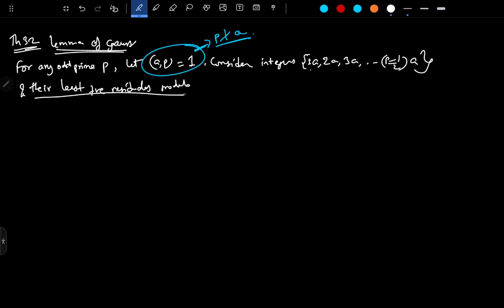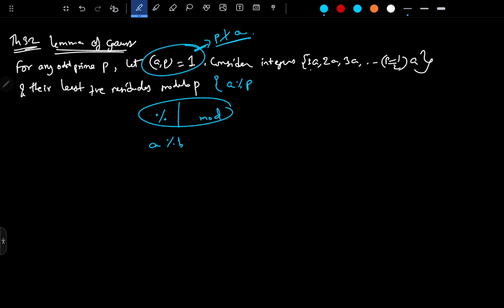And their least positive residue modulo p means, consider this set: a percent p. First of all, percent means mod, in my terms. So a percent b is nothing but a mod b.